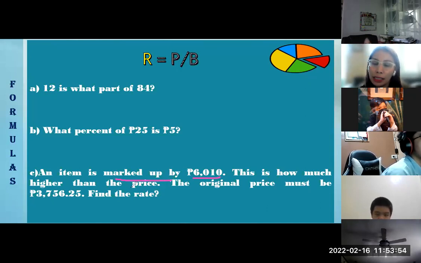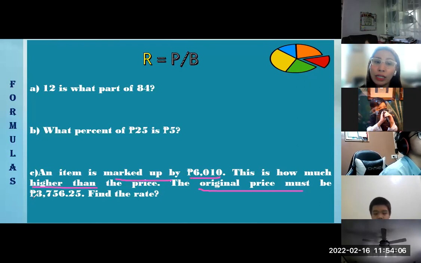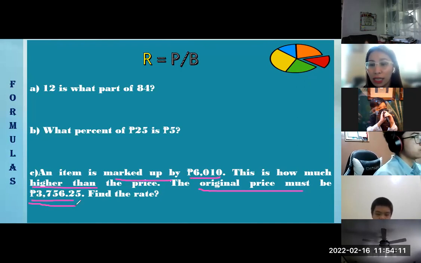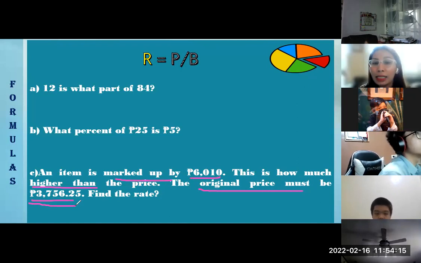Nag-increase yung price. This is how much higher. So, ayan, nag-increase siya. This is, yung 6,010 is how much higher than the original price. So, original price must be 3,756 and 25 centavos only, but it is marked up by 6,010.